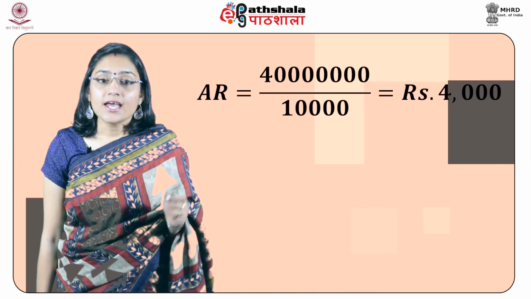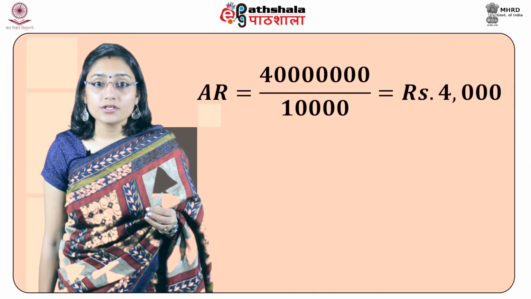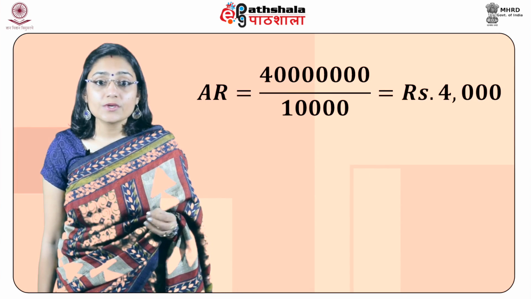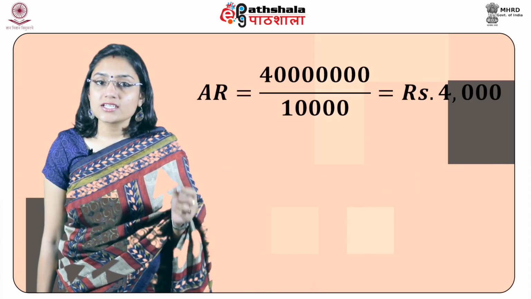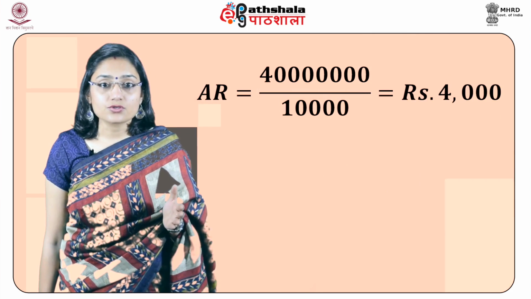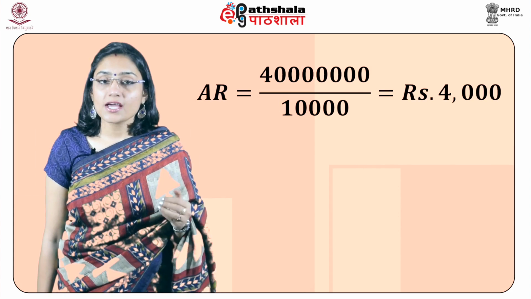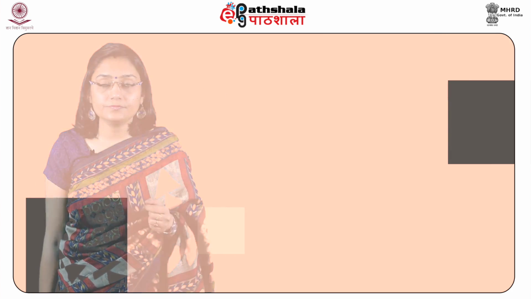For example, ABC Limited Company makes cell phones and its total revenue of the year 2014 was Rs 4 lakh, and the number of cell phones it sold was 10,000. Thus, in this case, AR is equal to 4 lakh divided by 10,000, which is equal to Rs 4,000.